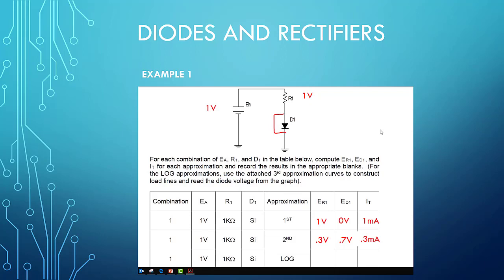In the non-approximated, more accurate example, we have 0.3 volts divided by 1,000 ohms, 1 kilo ohm. That gives us 0.3 milliamps. I could write 0.3 milliamps as 300 microamps, but I'm comparing things, so I want to keep everything in volts.